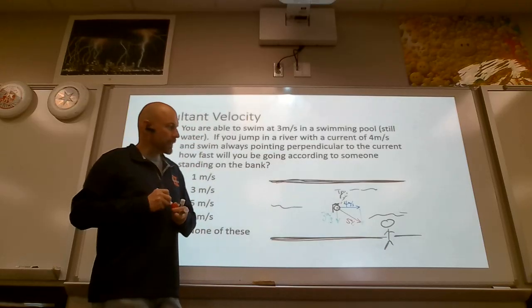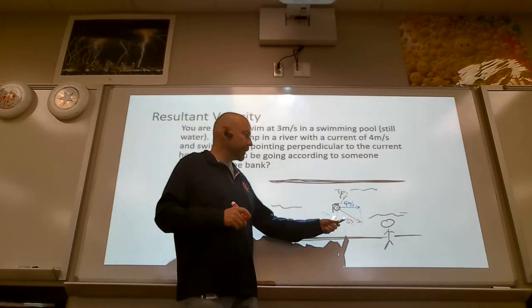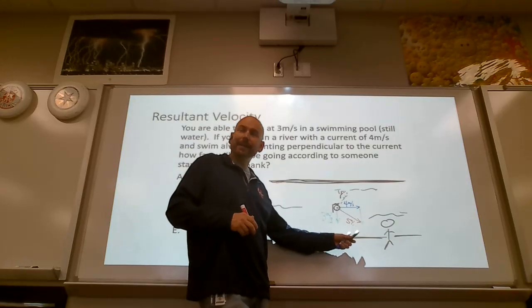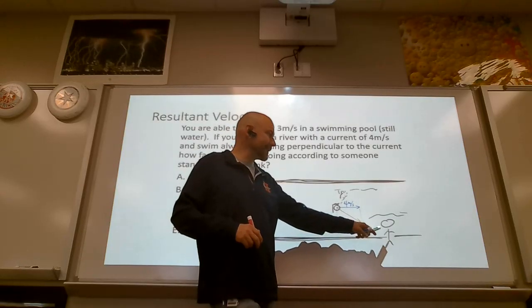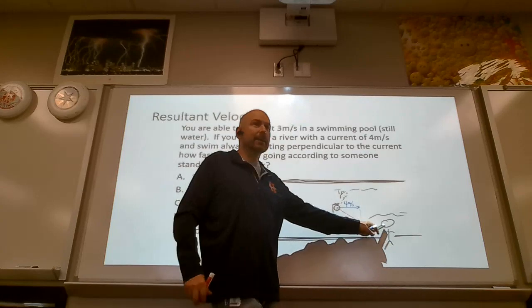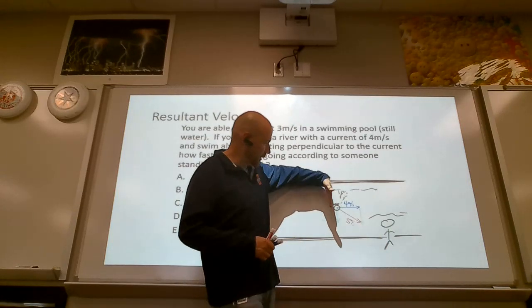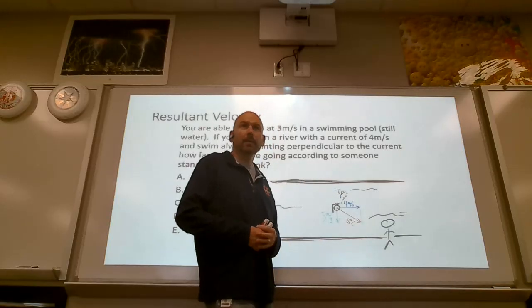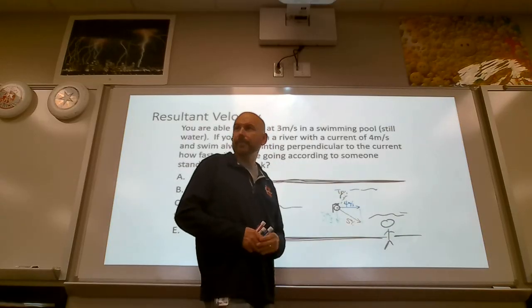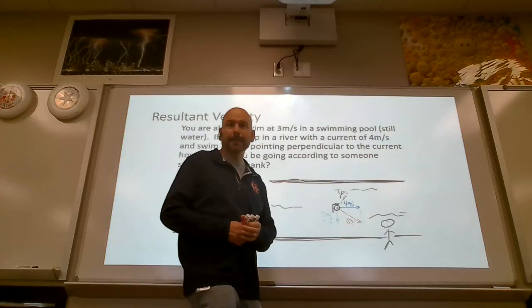Okay? So what this means is this is your resultant velocity. Another way to say this is the velocity of you relative to this person on the bank. They see you moving at 5 meters per second going in this direction. Okay?